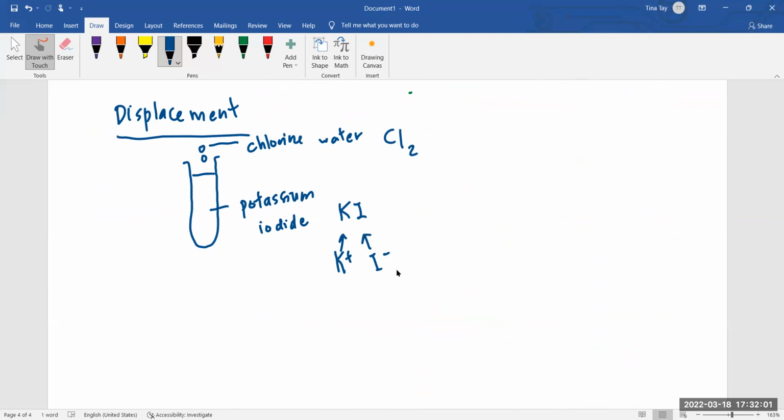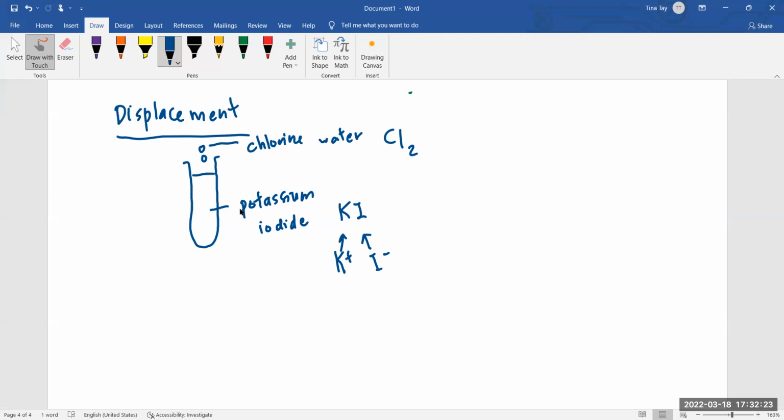Okay. What is the color of potassium iodide? Iodine is brown, but potassium iodide? Think back.